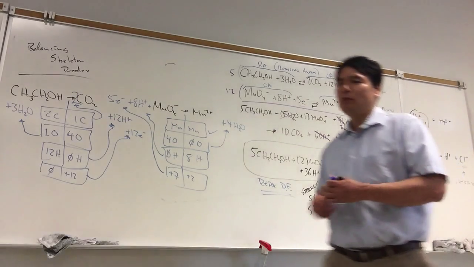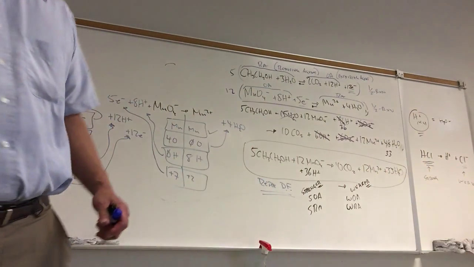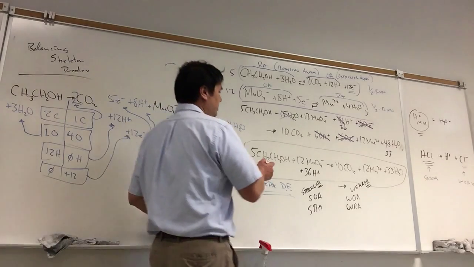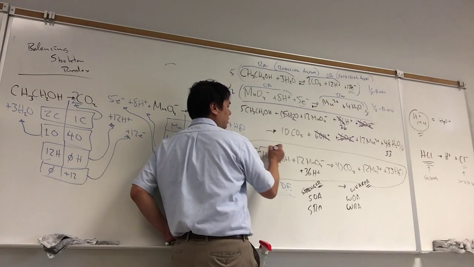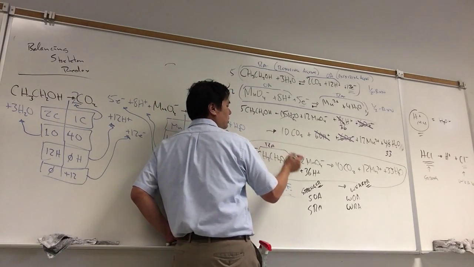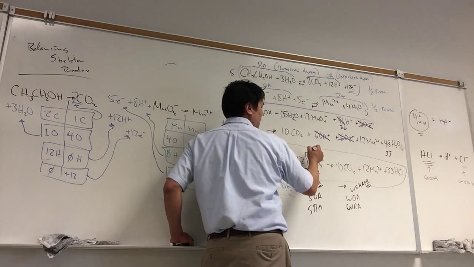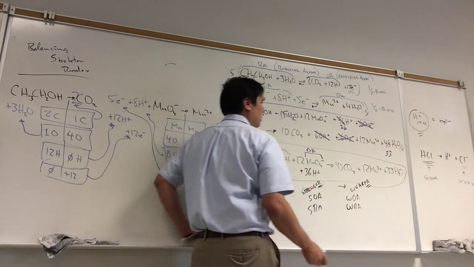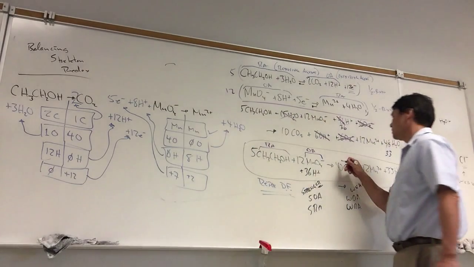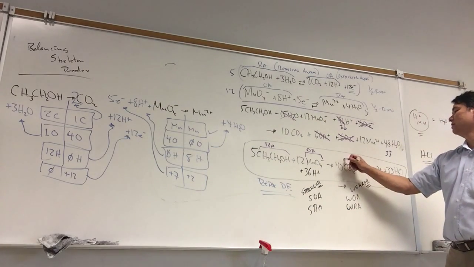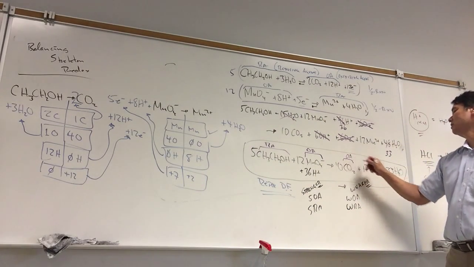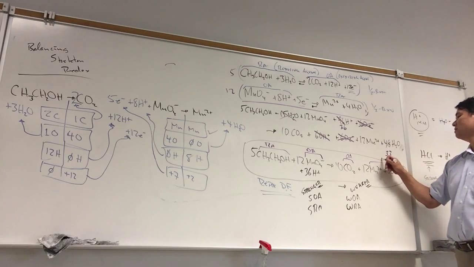The extra step we could do in this skeleton redox is get some strengths of oxidizers and reducers. Over here we have ethanol, our reducing agent, and over here permanganate and H+, our oxidizing agent. Over here the CO2 is our oxidizing agent, and the manganese and water is our reducing agent.